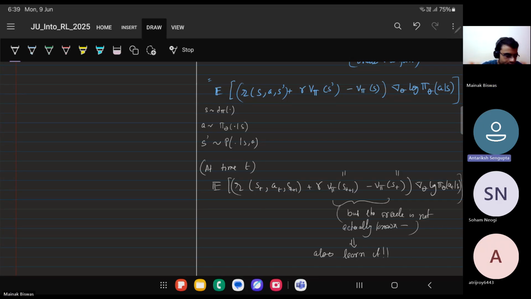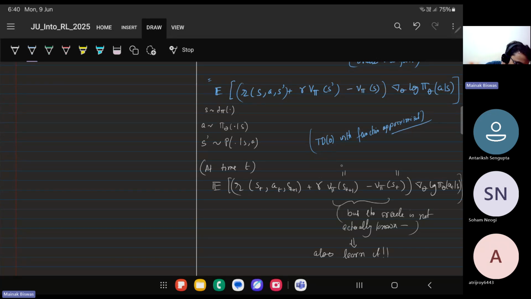Yeah, this resembles TD, and correct. So we would be doing a TD lambda approach or a TD(0), with function approximation or whatever you want. Say I will approximate this using VW.